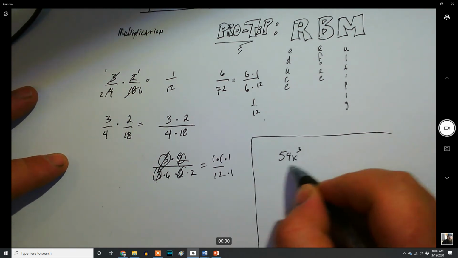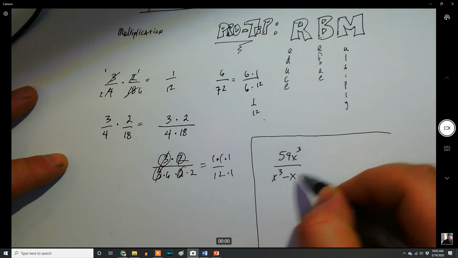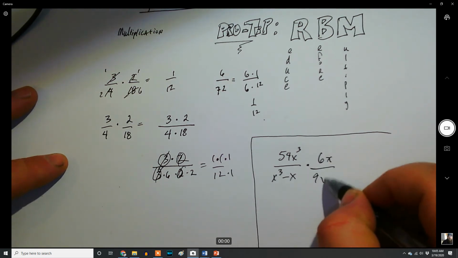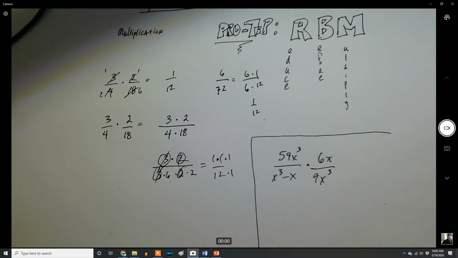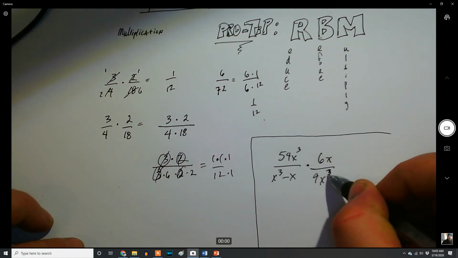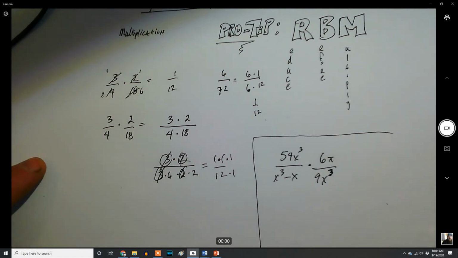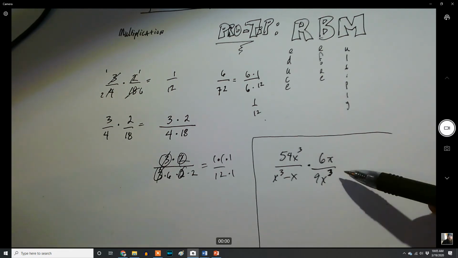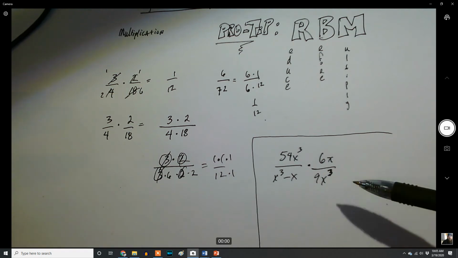Let's do 54x cubed over x cubed minus x, times 6x over 9x cubed. Now, boy, there's a lot of things I see on here that can be reduced. So before we even get into it, let's take a little time to think about this and talk about it. And I would suggest that if you're taking a test and you see something like this, you might go, oh my gosh, that's overwhelming.